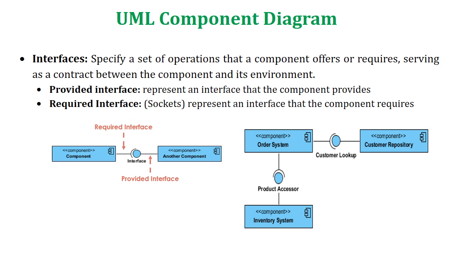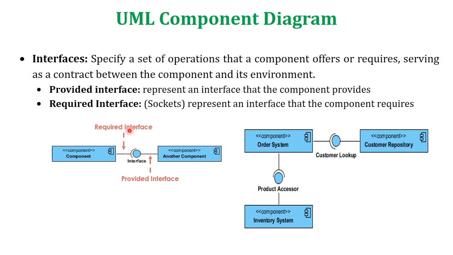The required interface, that is a socket, represents the interface that the component requires. See the diagram here: two components interface with each other. The interface looks like a lollipop symbol. Here are the lollipops, the provided interfaces. Then the opposite, like the half circle, is a required interface.